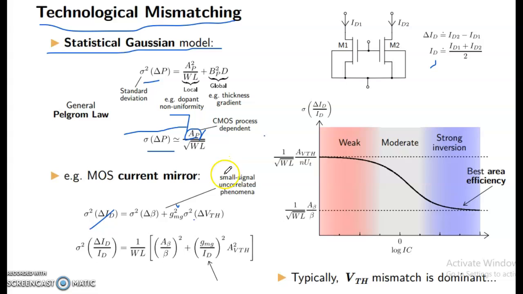The width and length are multiplied, then the square root is taken, and A_P is divided by this width-length product after rooting.